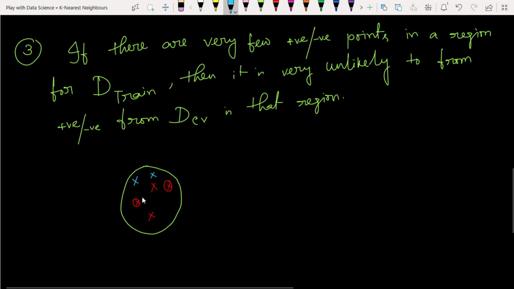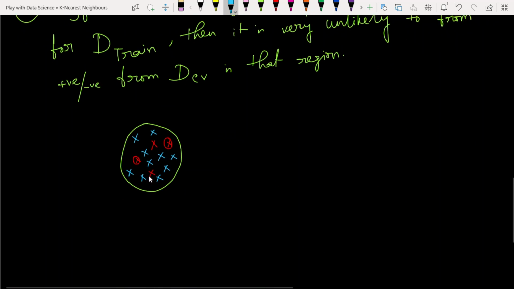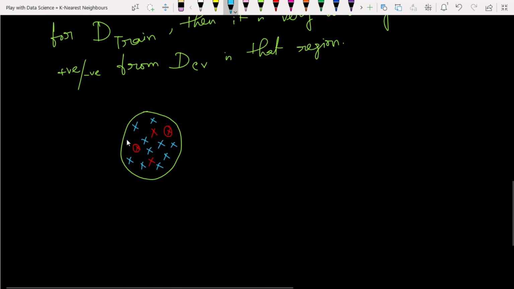And oppositely, suppose a very large data set, a very large set of positive data points. In the particular region there may be a chance that positive data points also lie in this cross validation data set.